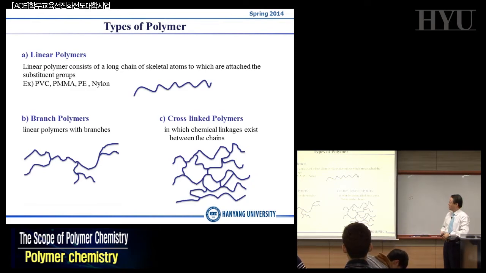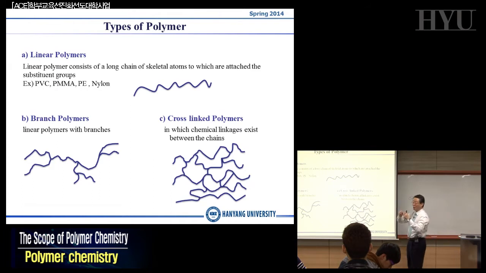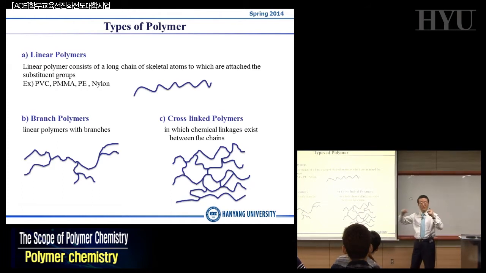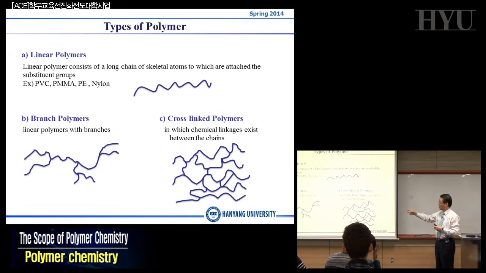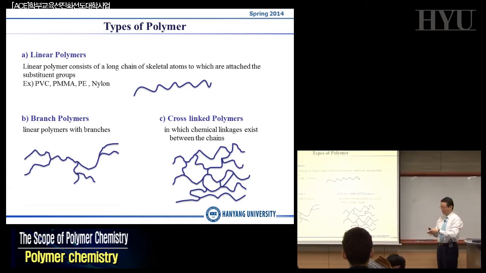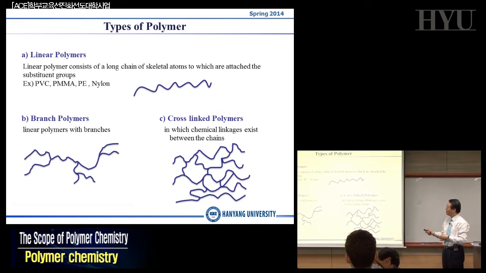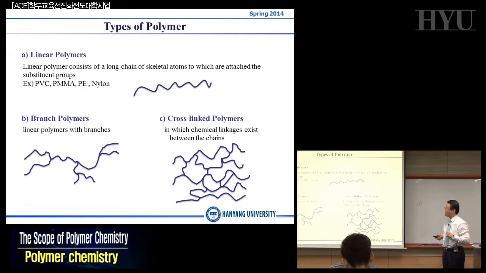A linear polymer could be flexible and stretchable, whereas a branched polymer has grafts, so when you pack it in space, the density is much smaller than the linear polymers. Cross-linked polymers have a property where they are not stretchable because of the cross-links.